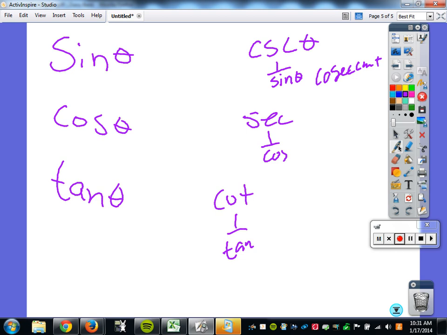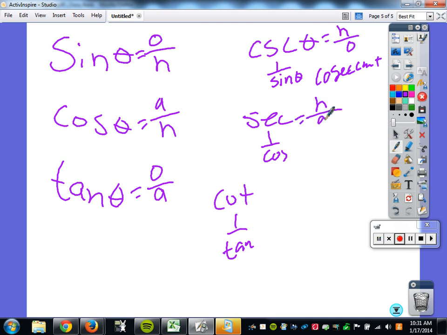So SOHCAHTOA, once again, remember, is opposite over hypotenuse, adjacent over hypotenuse, and opposite over adjacent. You guys remember those from last year? Okay. Well, remember, if this is the reciprocal, therefore this is hypotenuse over opposite. This is hypotenuse over adjacent. This guy is adjacent over the opposite.